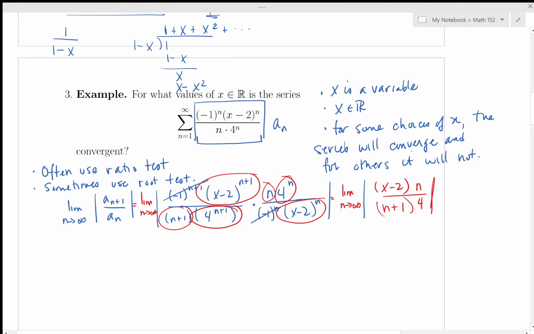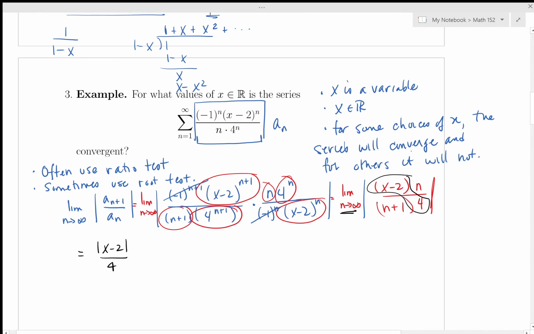We're taking the limit as n goes to infinity. That means these things here are simply constants with respect to n. So when I'm looking at the limit of n over n plus 1 as n goes to infinity, that limit is simply 1. So the answer here is the absolute value of x minus 2 over 4.